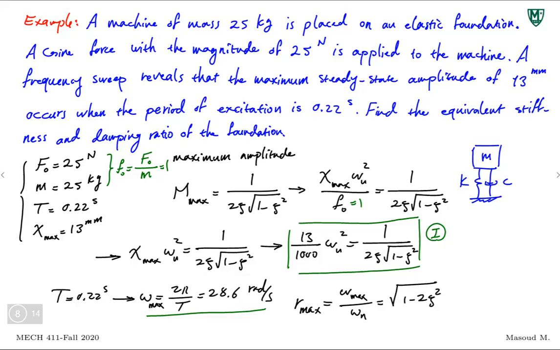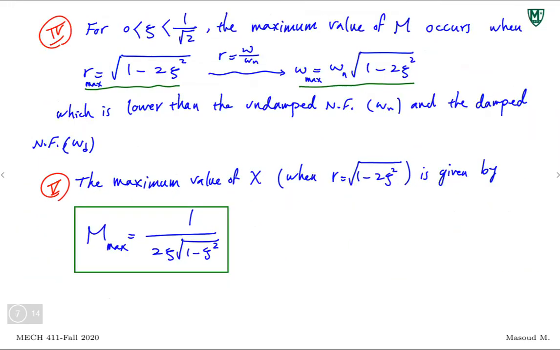In observation number 4, I told you the maximum amplitude occurs when R is the square root of 1 minus 2 zeta squared. Or omega max would be equal to omega n times the square root of 1 minus 2 zeta squared.